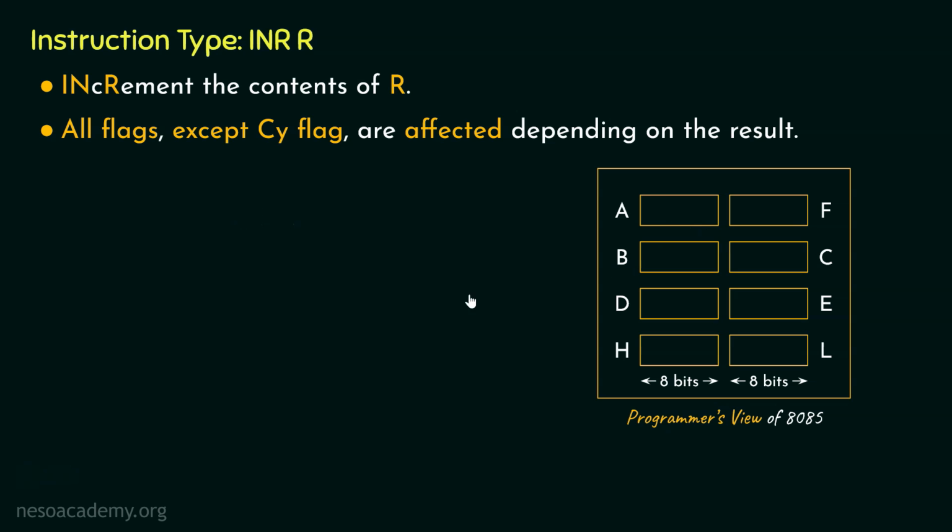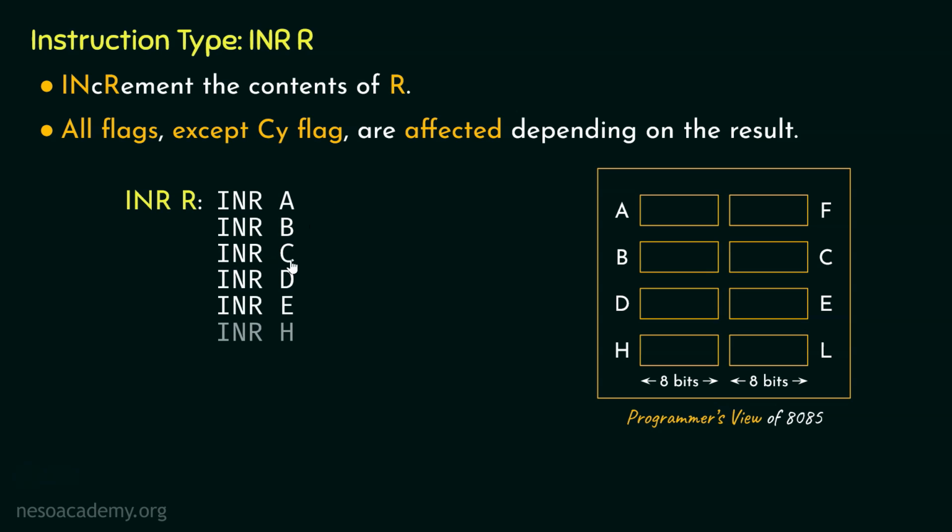Now this will be specific for all the different instruction variations of this type. So we are talking about the instructions INR A, INR B, INR C, to be precise all the GPRs, also INR M. Now remember, after the instructions are executed, the contents within those particular locations, whether that be the accumulator or any of the GPRs or even the memory element, will be updated and will be kept in those locations only.